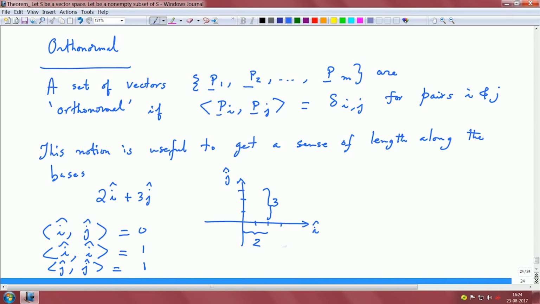And if it is not norm 1, then you will have trouble in defining things, because that is the reason why you have to normalize. So I think these ideas seem intuitive.